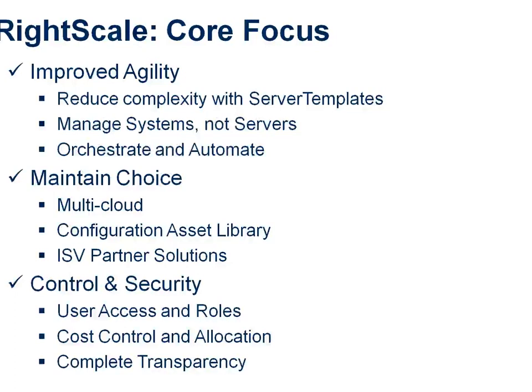And that really goes tightly together with this idea of maintaining choice, of being able to deploy an environment in one infrastructure as a service provider, but being able to move it to a different one if conditions or pricing or requirements change. That is because we have an abstraction layer between the definition of your application servers and how they work and the way they communicate with a particular infrastructure as a service provider. That's what makes that portability possible.